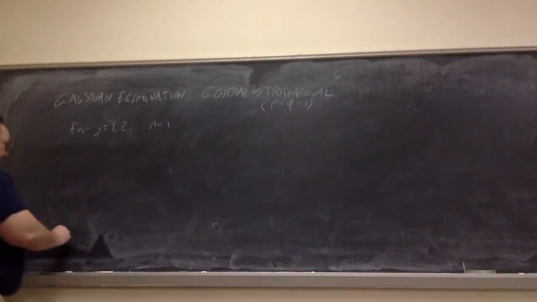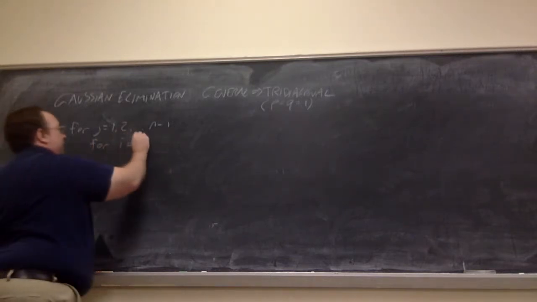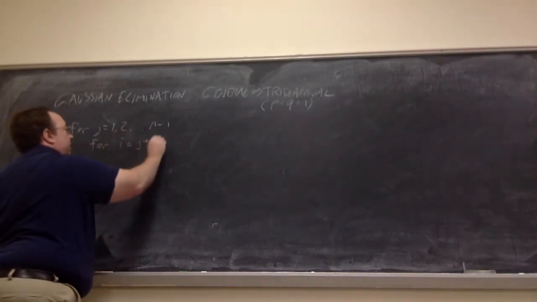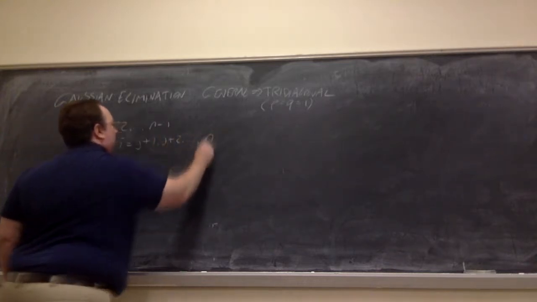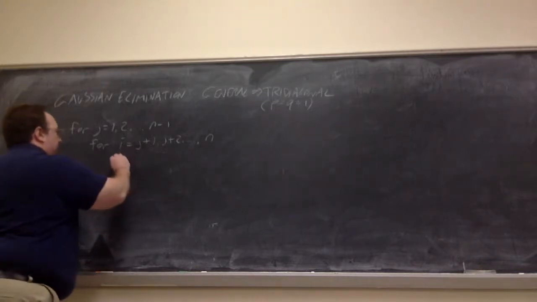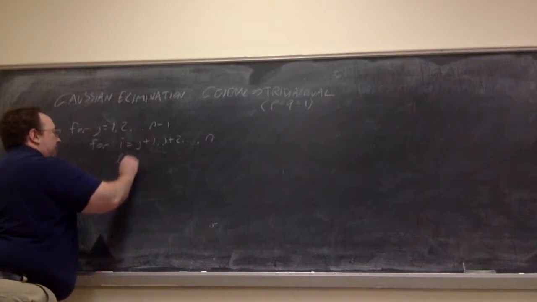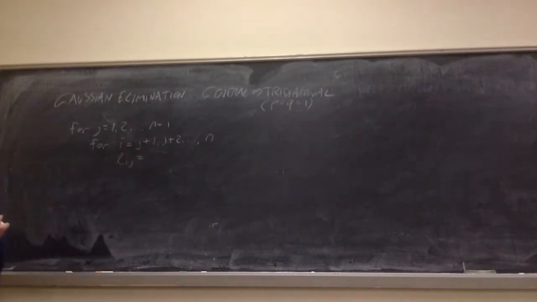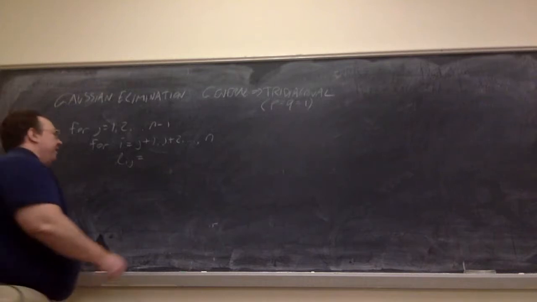So the algorithm is looping over all the columns, and then looping over the rows below the diagonal, computing the multiplier. Unlike in class, I'm going to refer to the multiplier as Lij. I used to call it Mij, but I'm calling it Lij because that goes in the ij entry of a matrix L for the LU decomposition.